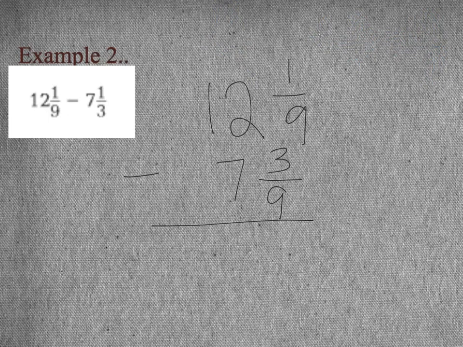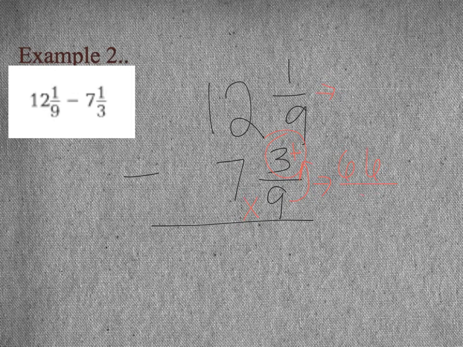All right, so I'm back to my original problem, before I regrouped, after I found my least common denominators. So I have 12 and 1/9 minus 7 and 3/9. I'm going to change these to improper fractions to subtract. So our trick is multiply and then add. 7 times 9 is 63, plus 3 more from up here gives me 66.